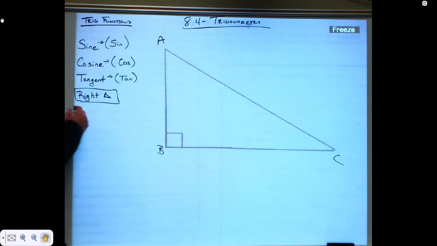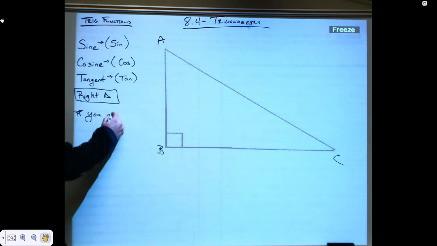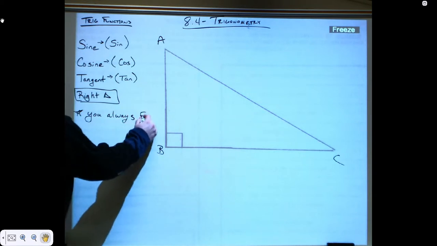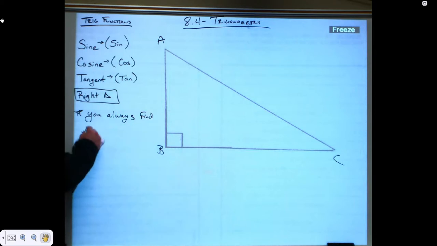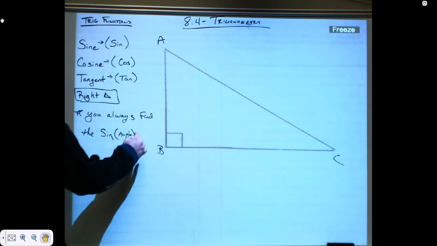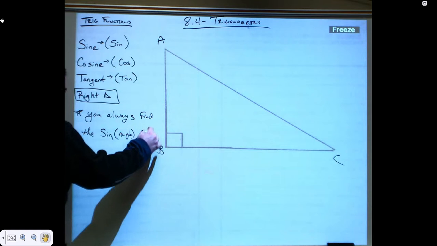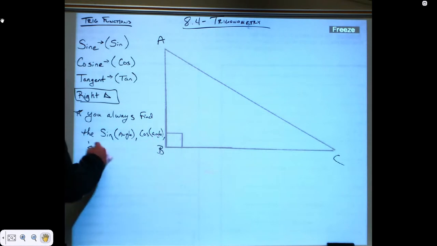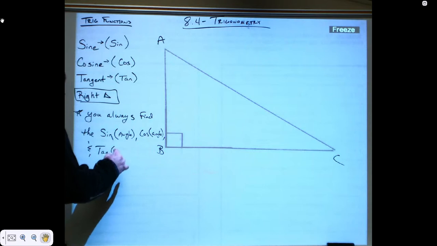I'm going to write a little note down here. You always find the sine of some angle, cosine of some angle, and tangent of some angle.